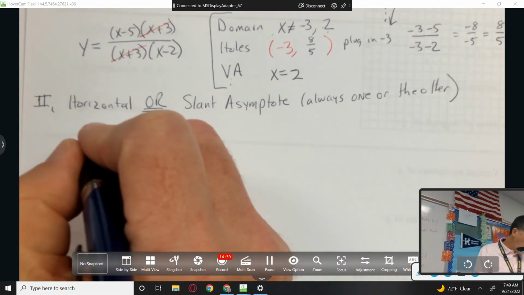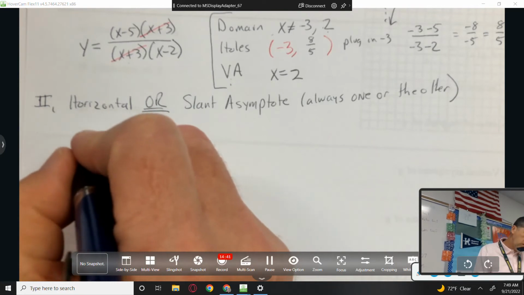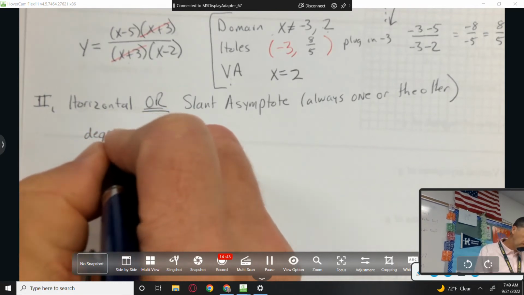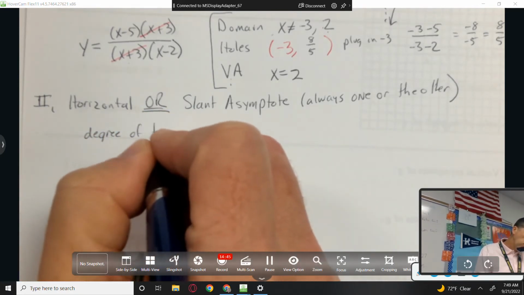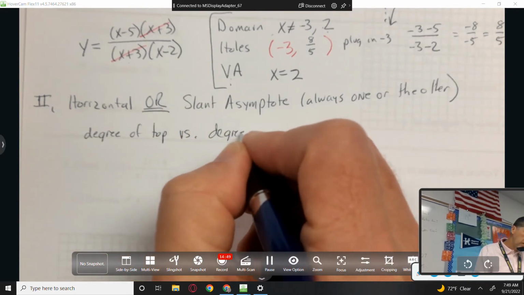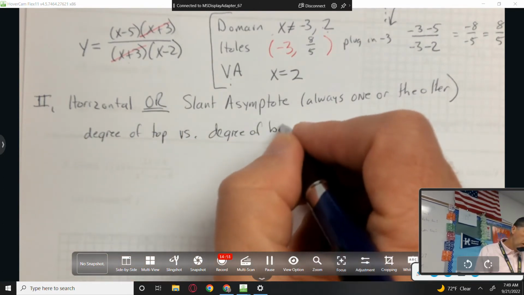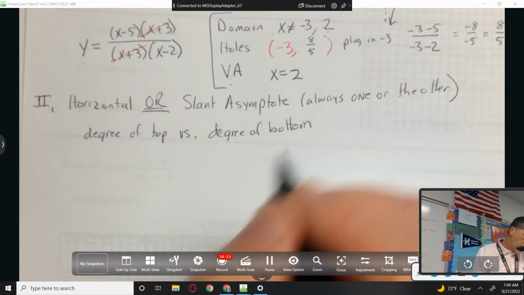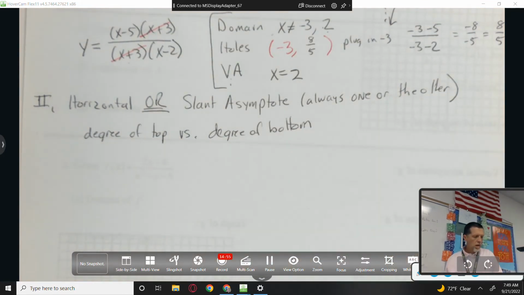And how we tell is the degree of the top versus the degree of the bottom. The degree of the top versus the degree of the bottom.